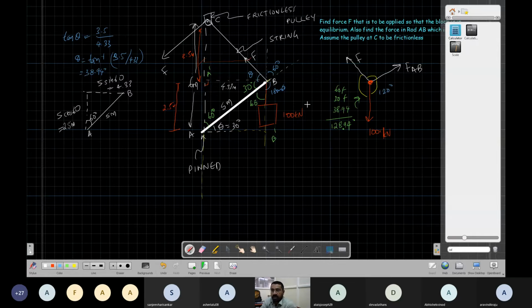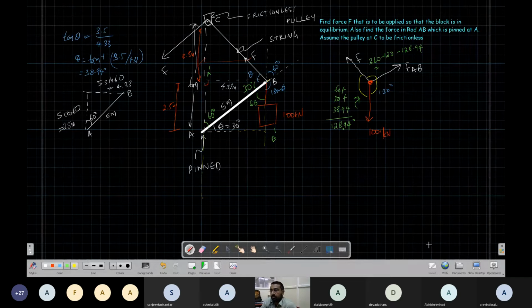Now we can easily find this angle. This is 360 minus 120 minus 128.94. How much is this?